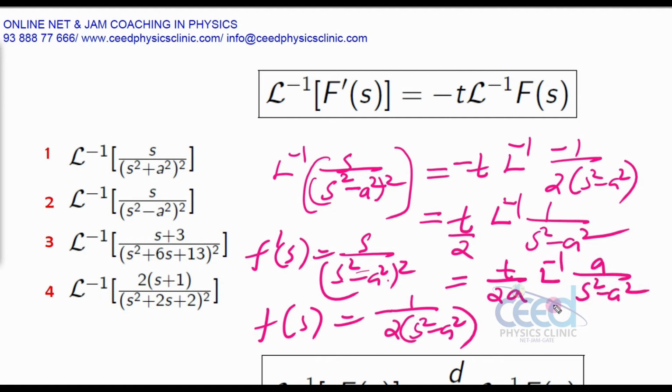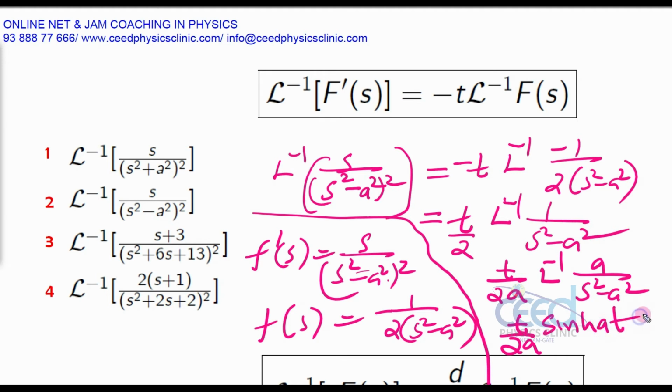This is a standard result we have studied, that is t by 2a into, what is the standard result of this? T by 2a into sin hat, right? So 1 by 2a t sin hat. So this is the final result.